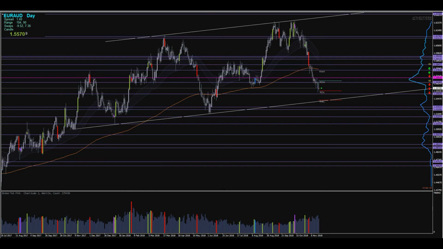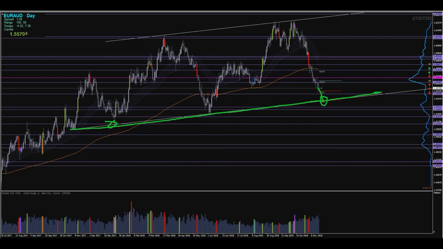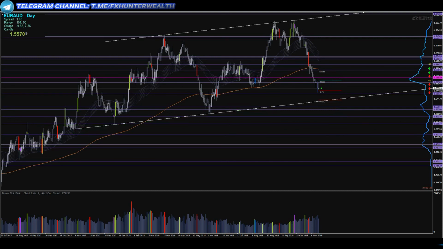So what I will be looking for is if the market starts to make a correction first before it reaches this level, I will start to look for the shorts, but I will want to see some consolidation first. If the market comes first down here, then we have this nice level, which I will be looking to take a long. If it breaks, maybe we can see the lower levels.